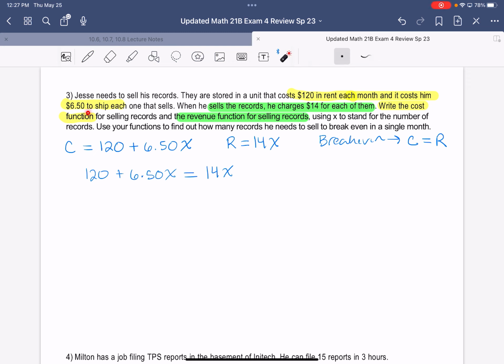That 6.50 is per record that he sells, where X represents the number of records he sells, right? Because if he sells 0 records, it's gone. If he sells 1 record, then you'll do 1 times 6.50. If he sells 20 records, you'll do 20 times 6.50. But the rent, the $120 in rent, there's no dependency there on how many records he sells, right? Whether he sells 0 records or 1,000,000 records, he's paying $120 flat.